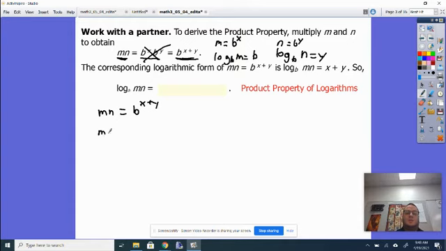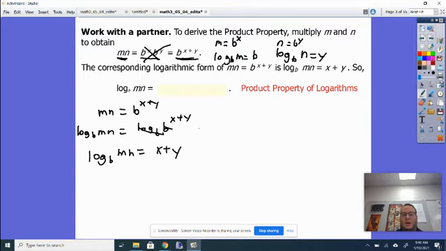Well, let's log both sides. Log base b of mn equals log base b of b to the x plus y. It cancels, so log base b of mn is equal to x plus y.